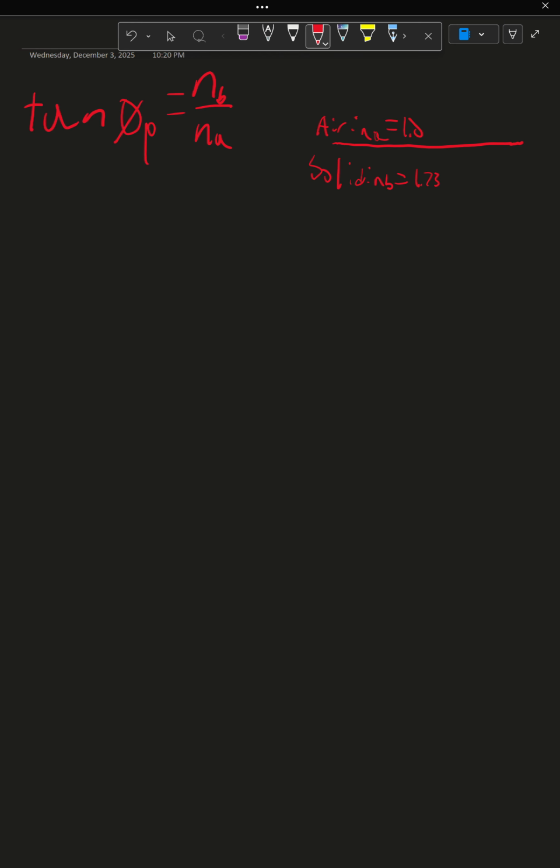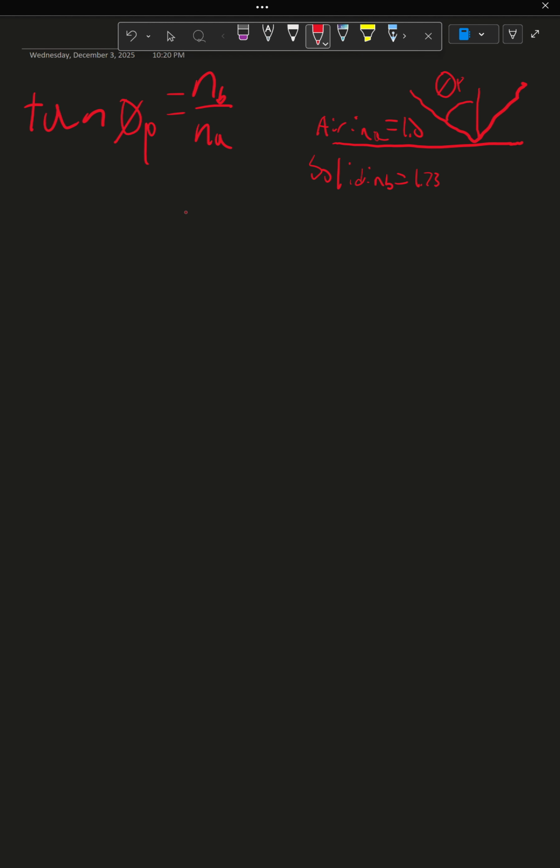So we're trying to find theta p, which is the angle. Let's just draw the little diagram. Theta p is here, and we have n a and n b already. So all we have to do is plug it in.